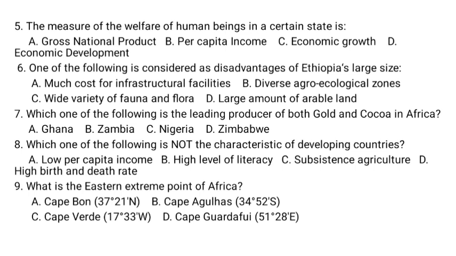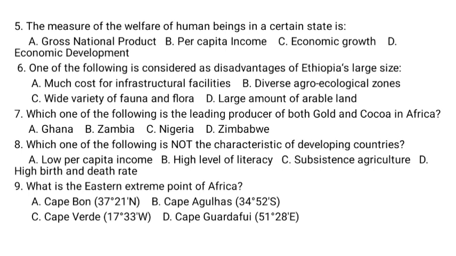One of the following is considered as the disadvantage of Ethiopia's large size. A. Much cost for infrastructural facilities. B. Diverse agroecological zone. C. Wide variety of fauna and flora. D. Large amount of arable land.